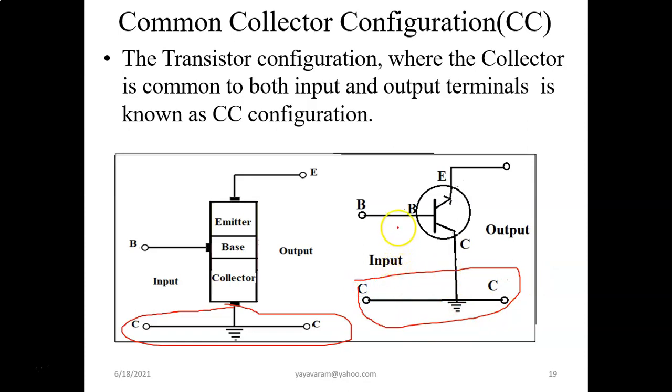So VBC is the input voltage parameter and base current is the input current. Emitter-collector is the output voltage and emitter current is the output current. So emitter current and VEC, base current and VBC: these are the voltage and current parameters for a common collector configuration.